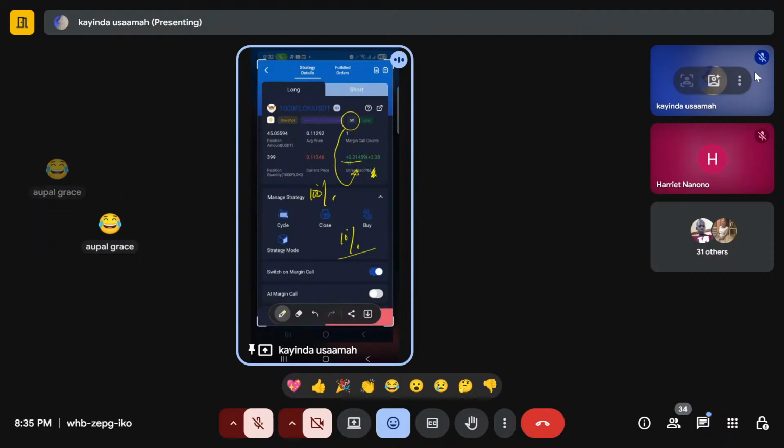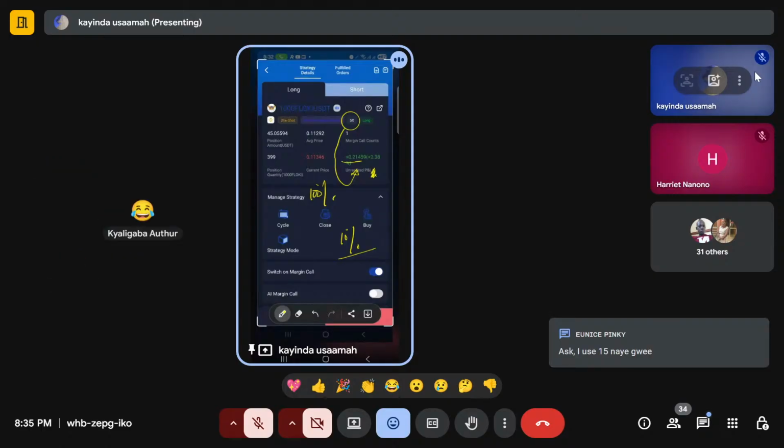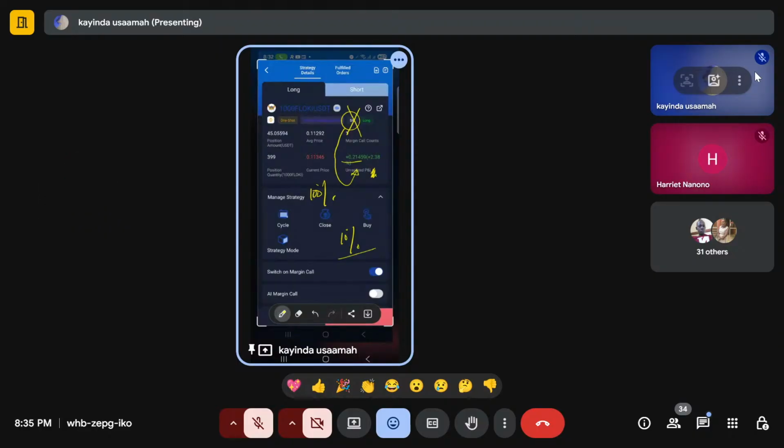You leverage your trade. Yesterday we were saying that if you have good capital, leave leverage alone. Trade with your money. If you have, say, $1,000, don't leverage it. Sometimes trade with your money, or leverage with just small leverage.